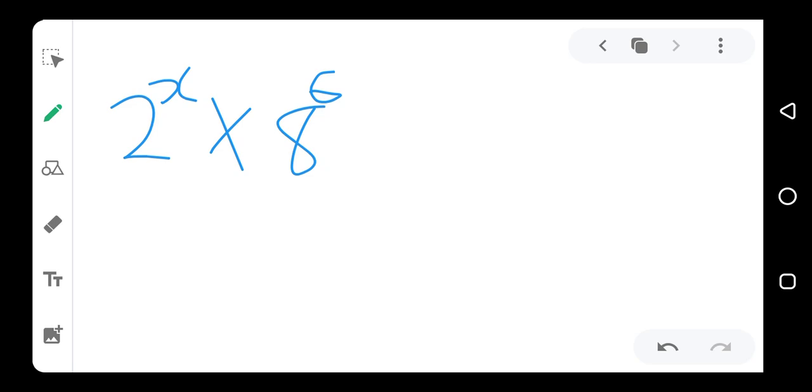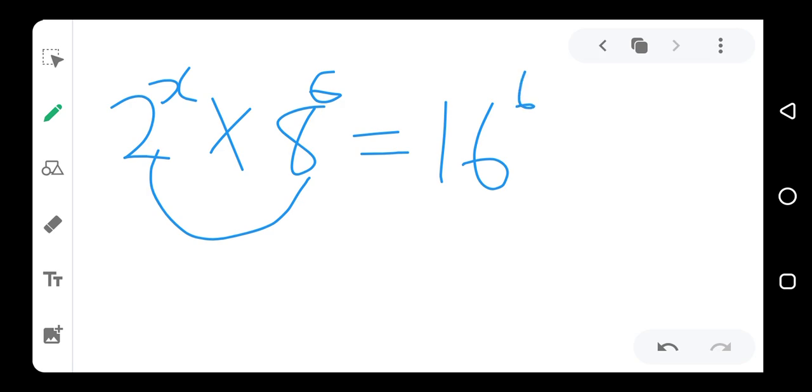We multiply the bases and add the powers. 2 times 8 is 16. x plus 6 gives us 6 plus x. This is your answer. You leave it like this, because we don't know the value of x.